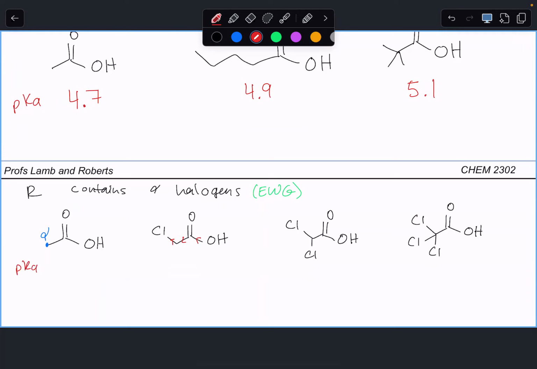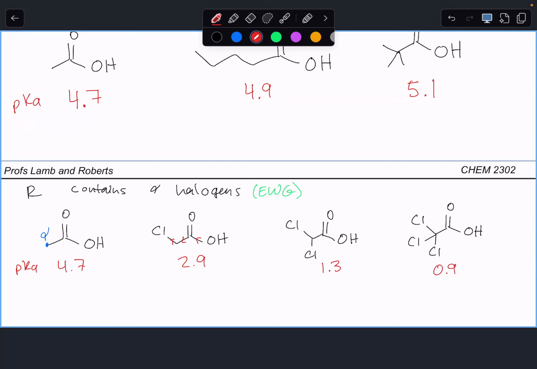So if we compare our pKa's, again, 4.7 for acetic acid is sort of our benchmark. Adding 1 chlorine drops it to 2.9. Again, we pull electron density away from the acidic proton, which makes it easier to take the proton. If we have 2 chlorines, it goes down to 1.3. And if we have 3 chlorines, it goes down to 0.9.